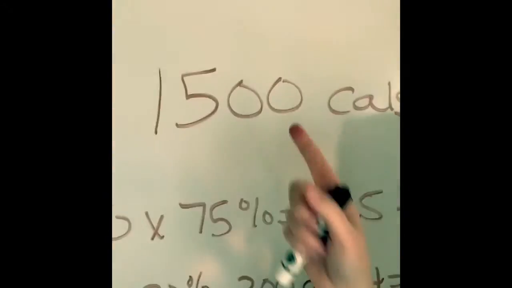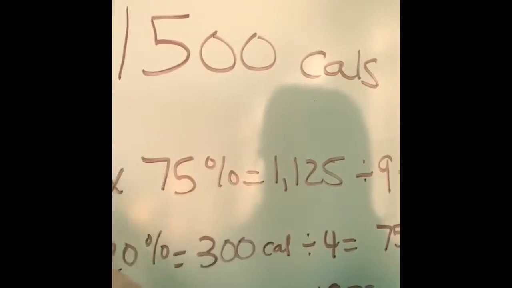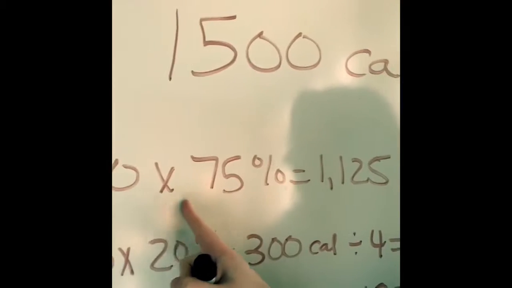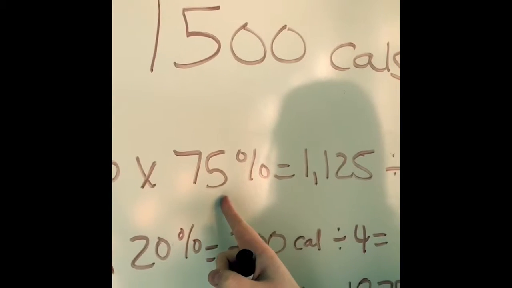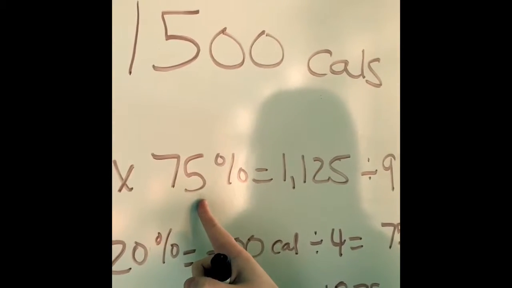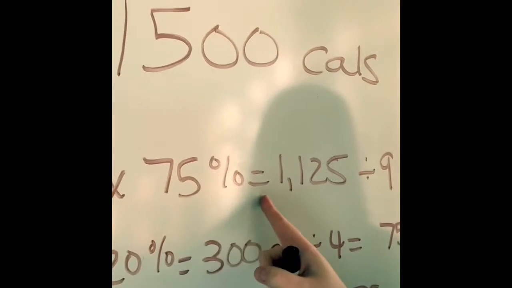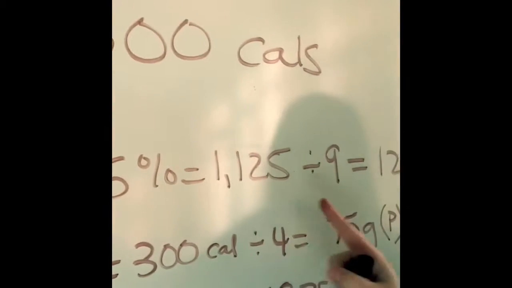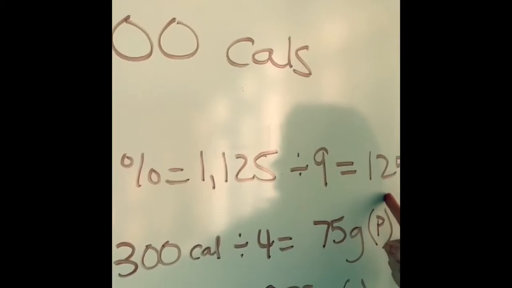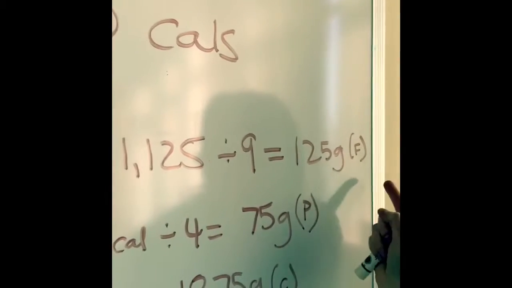So now I want to show you how it all comes together when we put all 3, carbs, protein, and fat, together. So again, 1,500 calories is what we're looking at. The 1,500 times 75% of your day, or your macro needs, to be fat. So again, we already did this. It's 1,125 divided by 9, which gives you 125 grams of fat.